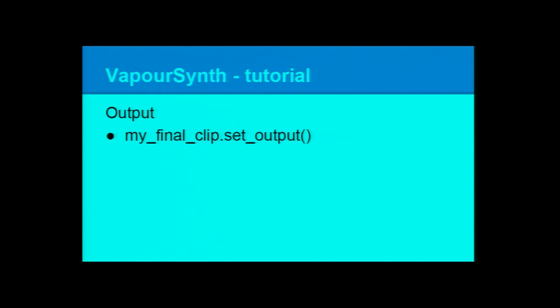And to decide what movie we want to output, we can call the set output method from the clip variable, and it will output the result from my final clip, like here, the last line.